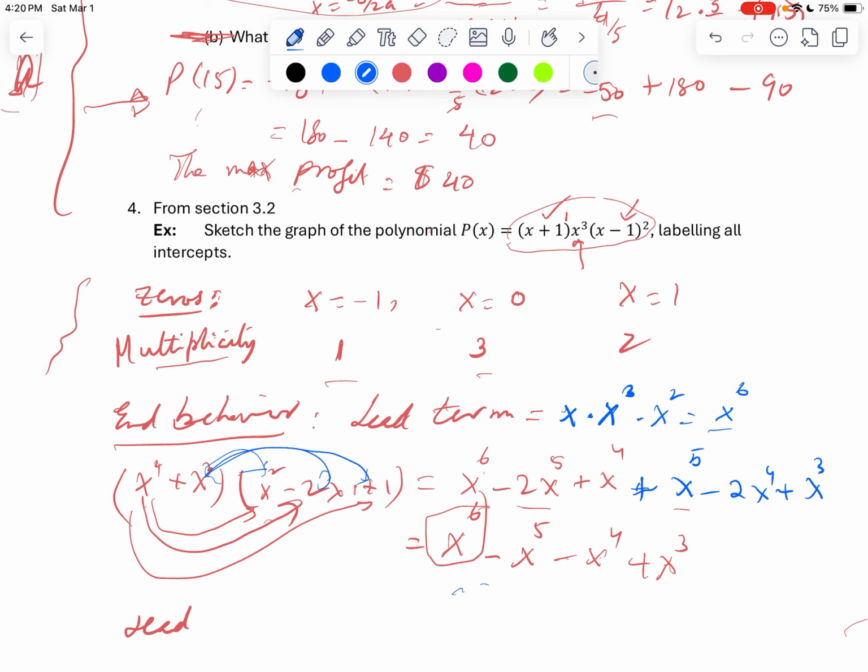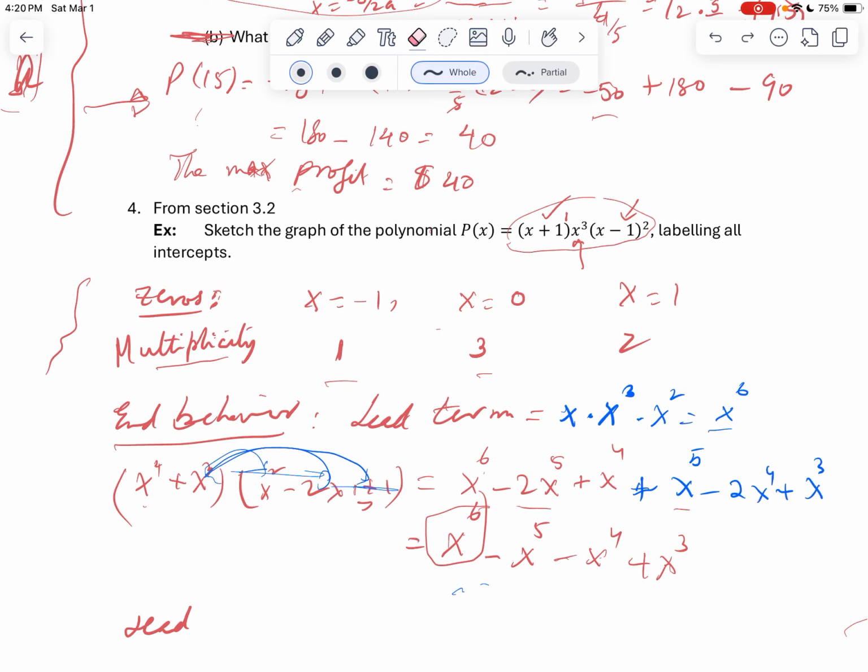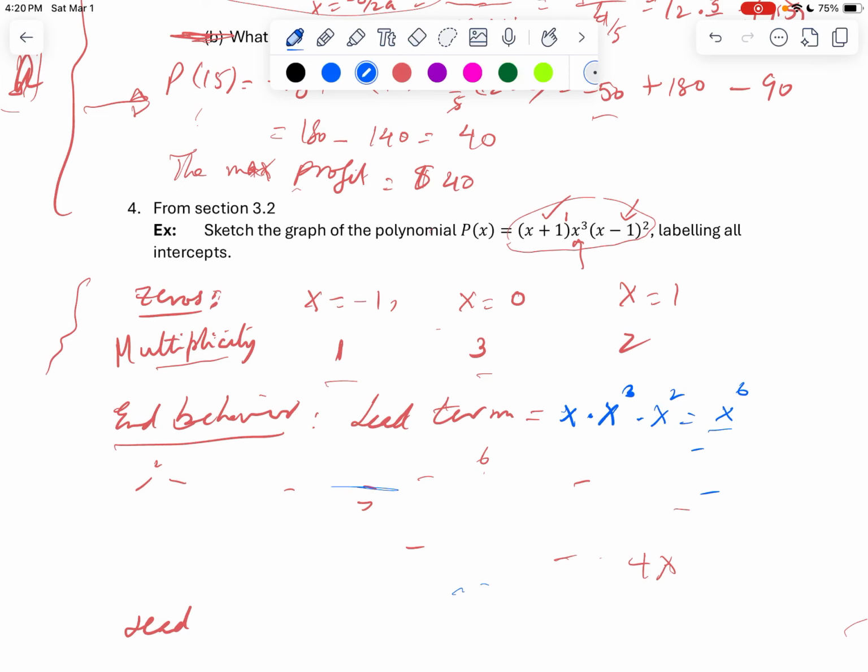So what do we do now? Once we know that the lead term is x to the 6, the next thing you have to do is show the end behavior. And how do you show the end behavior? Remember, you can have it in sentence form, or you can make a little picture.